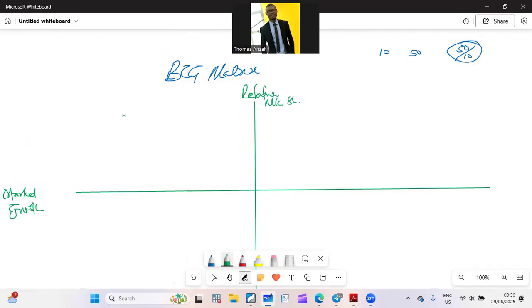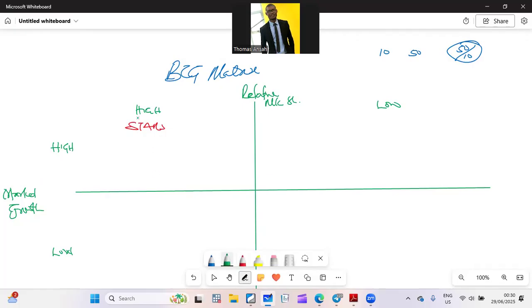And we have this side to be your high, your low, high, your low. High is where you have your stars. It means you have high market share with high growth rate.